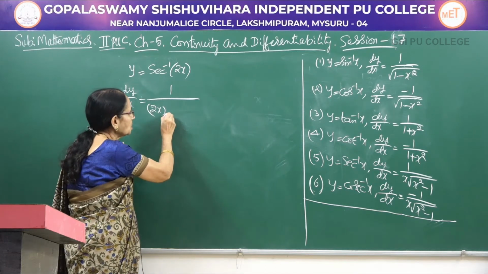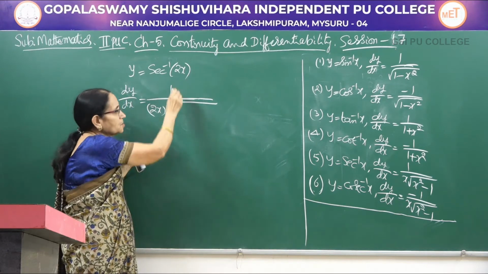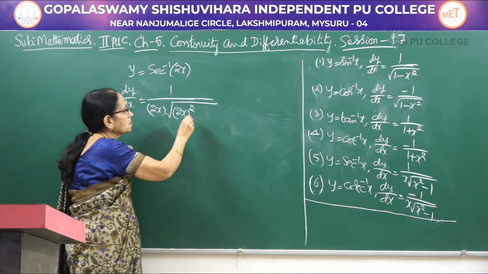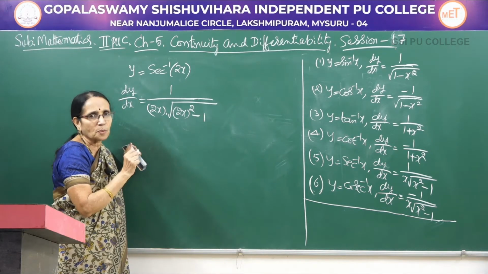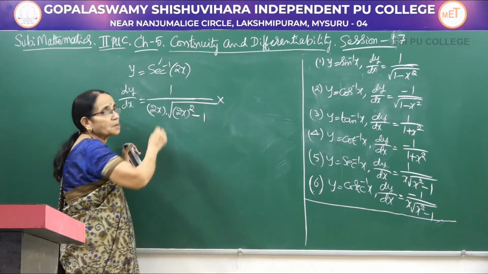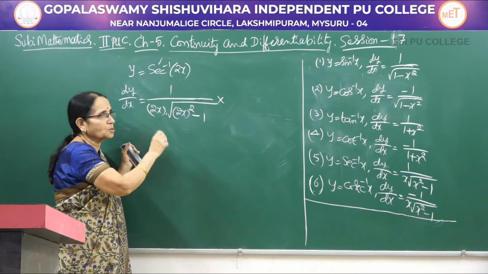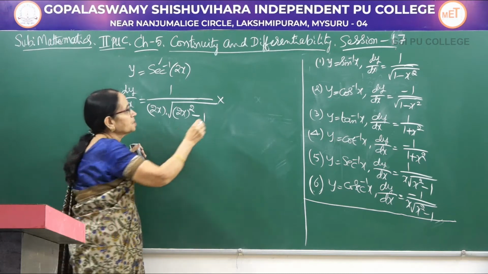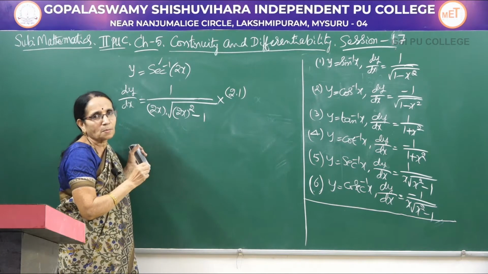2x into square root of x square. X square means you have to write 2x the whole square. Then write minus 1. Wherever x is there, that has to be replaced. Into, now we have used the secant inverse formula, 1 over x into root of x square minus 1. But 2x itself is a function of x which has to be differentiated. What is the derivative? It is 2 into 1.